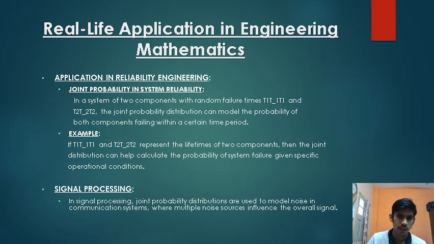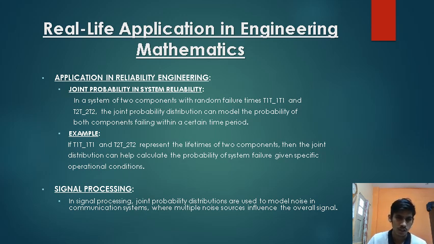Example: if T1 and T2 represent the lifetimes of two components, then the joint distribution can help calculate the probability of system failure given specific operational conditions.